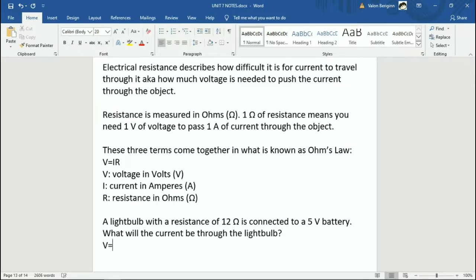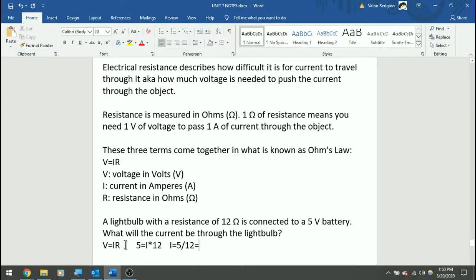Well, we have V equals IR. V is the voltage, which is the 5 volts in the battery. I is the current, which is what we're asking for. We don't know what that is. And R is the resistance. What is the resistance of the light bulb? Well, it's 12. So therefore, I is just 5 divided by 12, which is, I don't have this memorized.